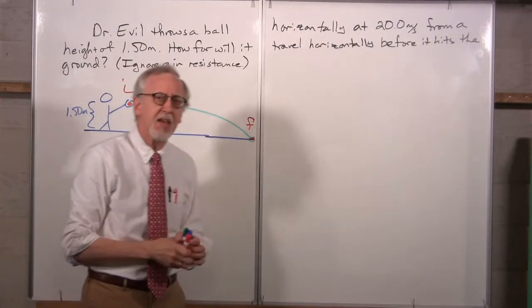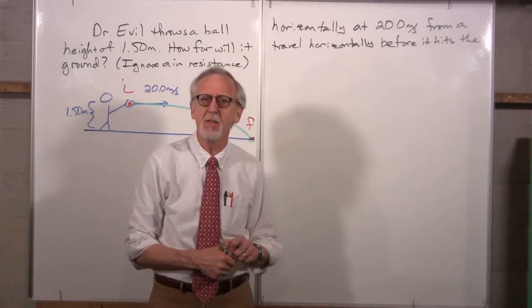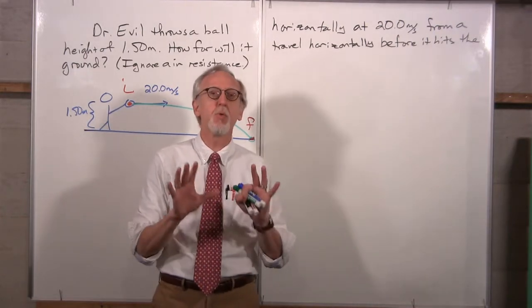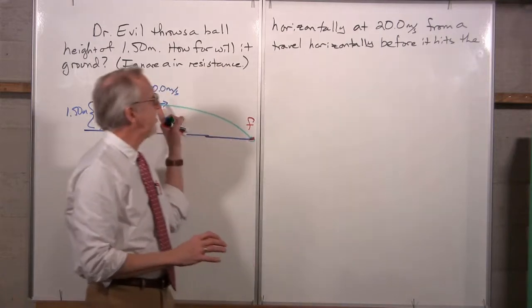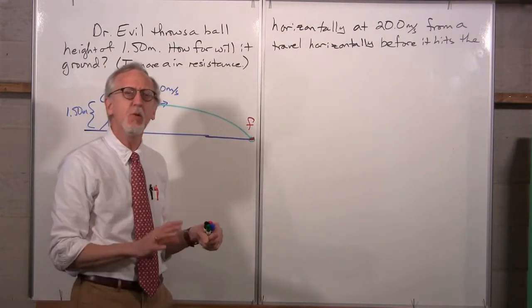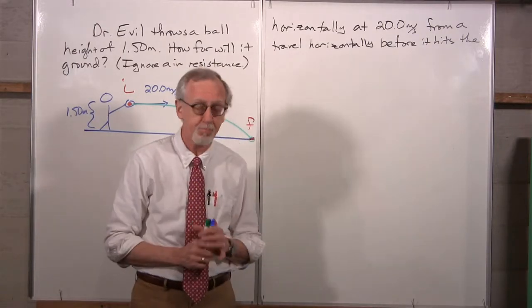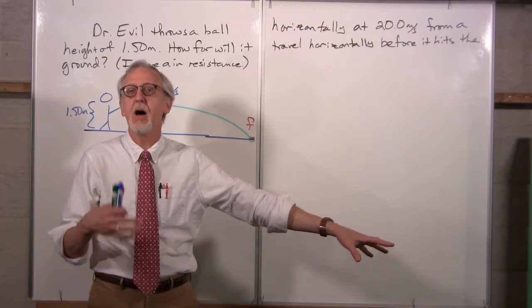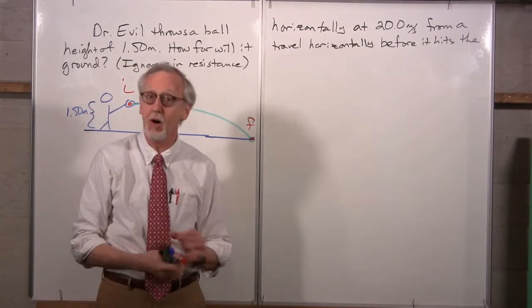Now, some people might say, oh, well, it hits the ground and it stops, so the final velocity must be 0. But we've got to be a little bit careful about this. Remember, we're talking about uniformly accelerated motion. So these equations that we had only deal with that part of the motion where the acceleration is uniform. When the object hits the ground, we have a different acceleration. The object is going to accelerate differently than just as if it were in free fall.